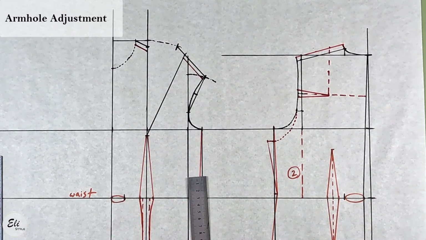For a sleeveless garment, you can keep the side seam as is or even slightly curve it inward for tighter garments.